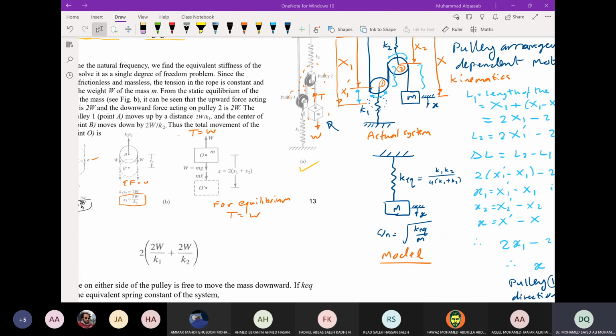Okay, the next section is about rotation or torsional vibration of shaft, but before that, let me just show you the questions in tutorial number 2.